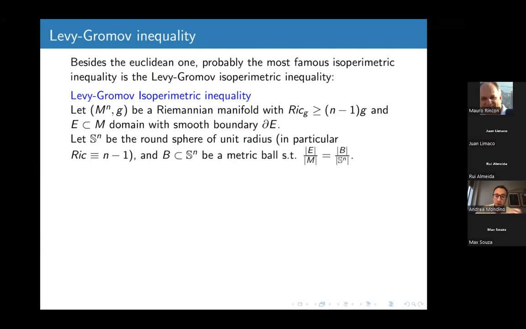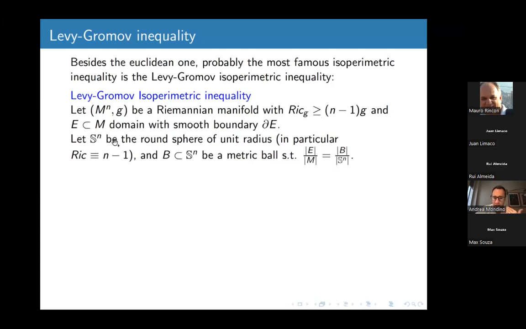The model space is going to be the round sphere of unit radius, and we make this choice because the round sphere of unit radius is the model space for the Ricci curvature equal to n-1. So the sphere has constant sectional curvature equal to 1, and so constant Ricci curvature equal to n-1.